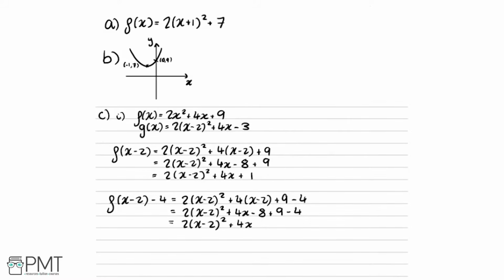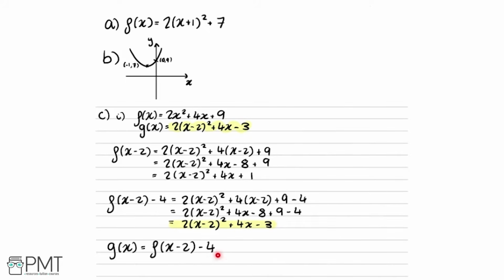And if we tidy this all up here, we get minus 3. Now that's great because actually this matches up exactly to what g of x equals. That means, writing this out a bit clearer, g of x is actually equivalent to f of x minus 2 minus 4. So that's perfect.